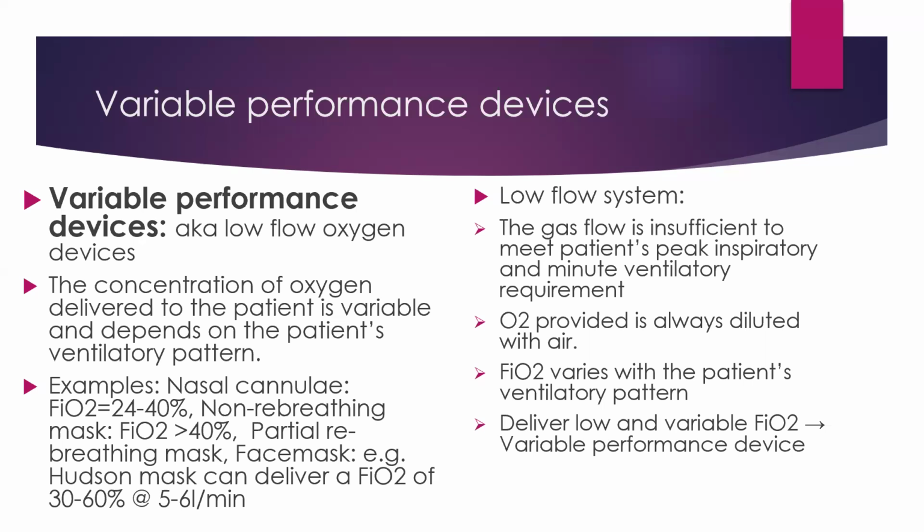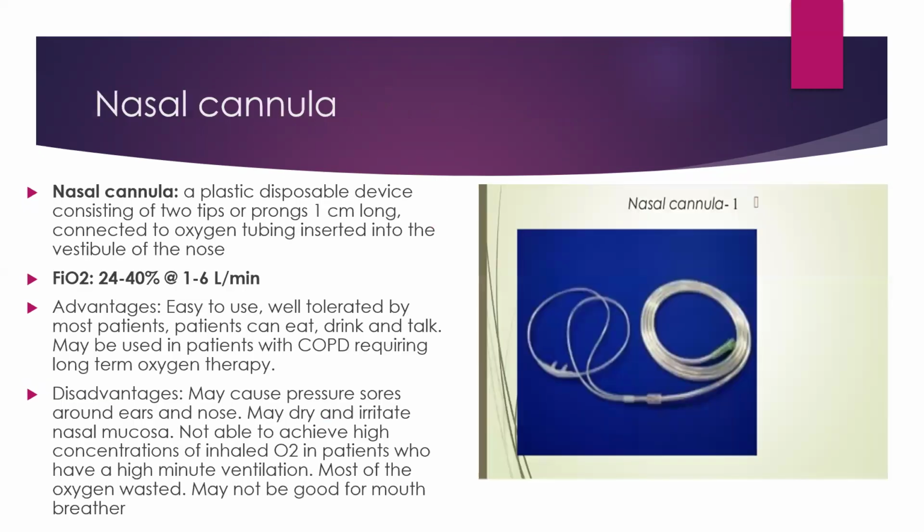Examples of variable performance devices include your nasal cannula, non-rebreathing mask, your partial rebreathing mask, and your simple face mask. These are variable performance devices, also known as your low flow system.